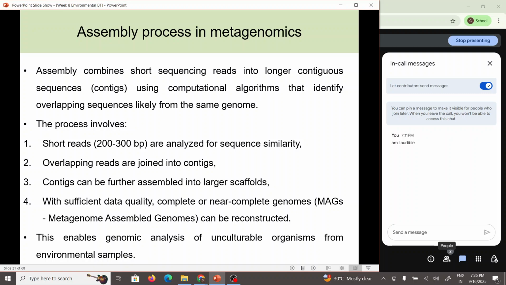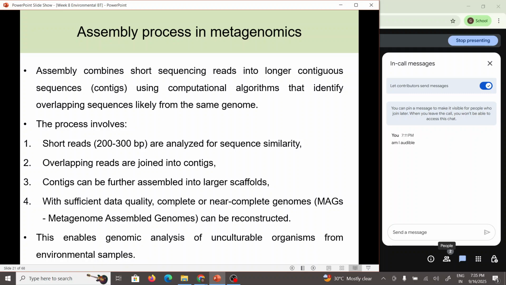All the reads that we got from the fragments, we are going to join into longer contiguous sequences called contigs, and for this we use computational algorithms. What the computational algorithm essentially does is identify the overlapping sequences likely from the same genome.